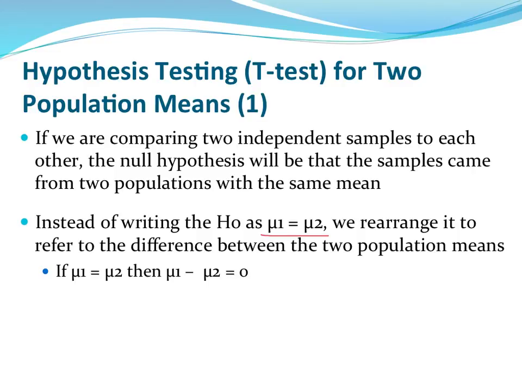If mu1 equals mu2, then moving mu2 over to the other side of the equation would give us mu1 minus mu2 equals 0. This will give us a value of 0 to test. It tends not to matter which population mean you designate as mu1 or mu2, just as long as you are consistent with your research question, hypotheses, and calculations. We'll explore these further shortly.